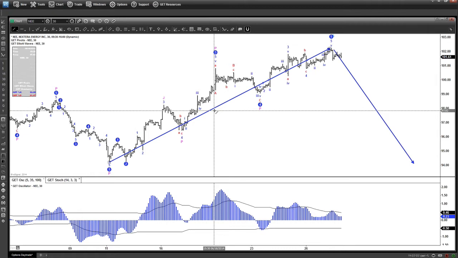Now, what we did back in the 80s with AdvancedGet, this is even before the software was out, in the building block stages of how AdvancedGet was put together, the numbers were crunched. We tore apart the Elliott wave sequences, waves 1, 2, 3, 4, and 5. And what we back tested was which systems were more appropriate for predictive trading.